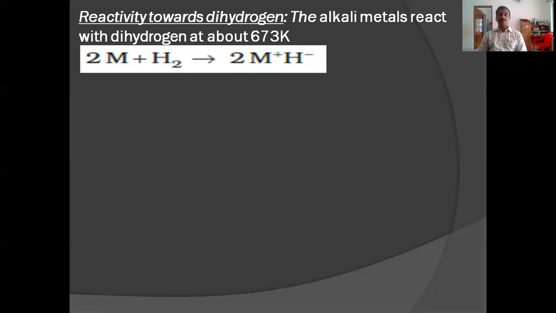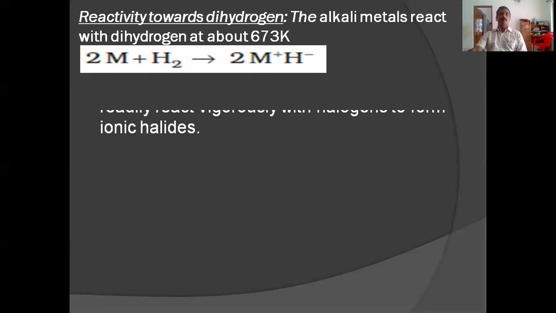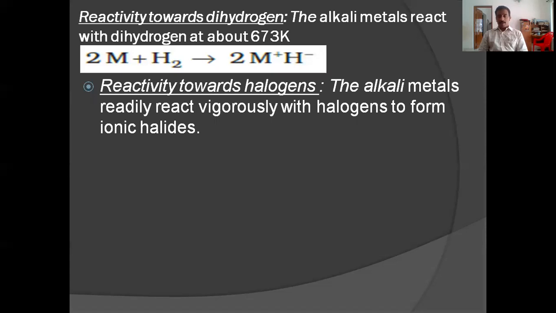For example, M represents an alkali metal: 2M plus H2 gives 2MH, an ionic hydride. Reaction with the halogens: the alkali metals react readily and vigorously with the halogens to form ionic halides. Na plus Cl2 gives NaCl.